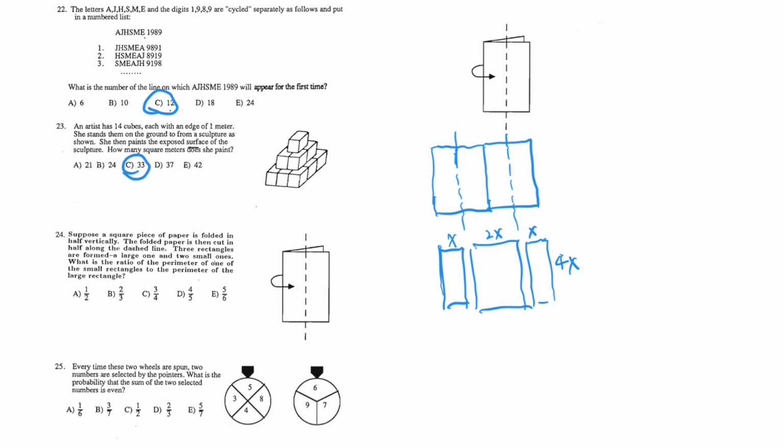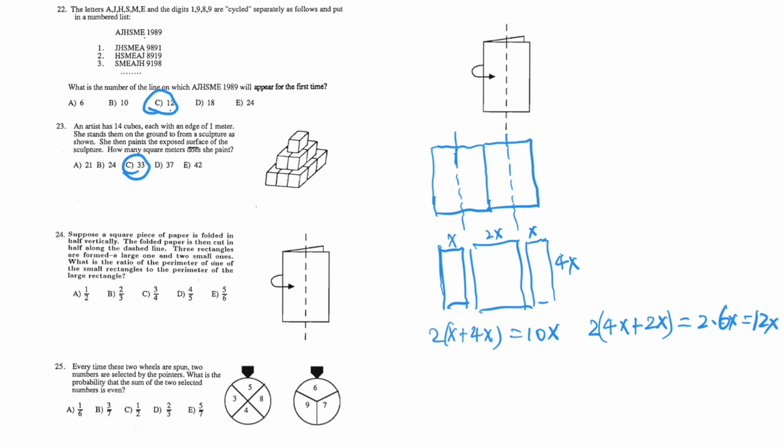The perimeter is x plus 4x, times 2, that's 10x. The larger one has height 4x plus width 2x, times 2, that's 2 times 6x, that's 12x.